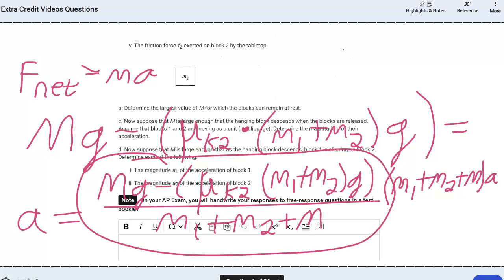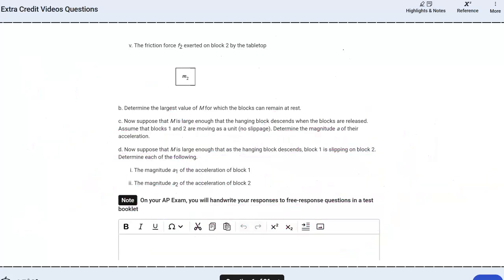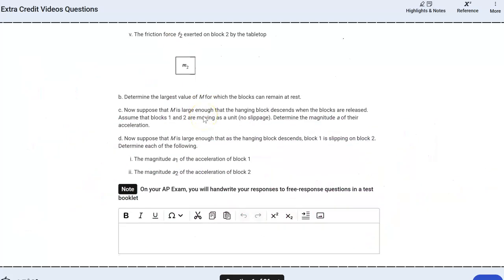Okay? Well, now there's a little development. It's pretty unlikely there would be no slippage because tension is just acting on the bottom block and it's not acting on each block. So, assuming there is slippage, we need to calculate the different accelerations of the blocks.